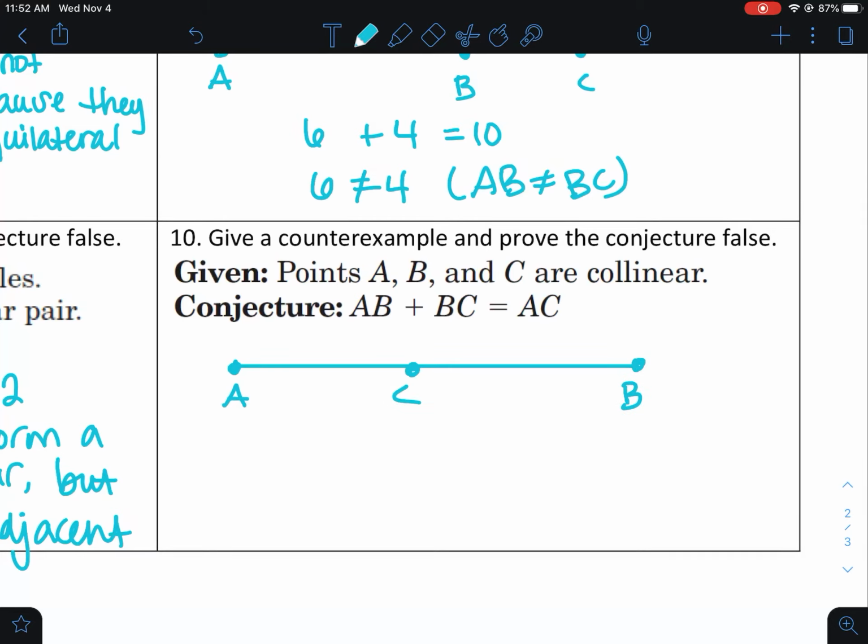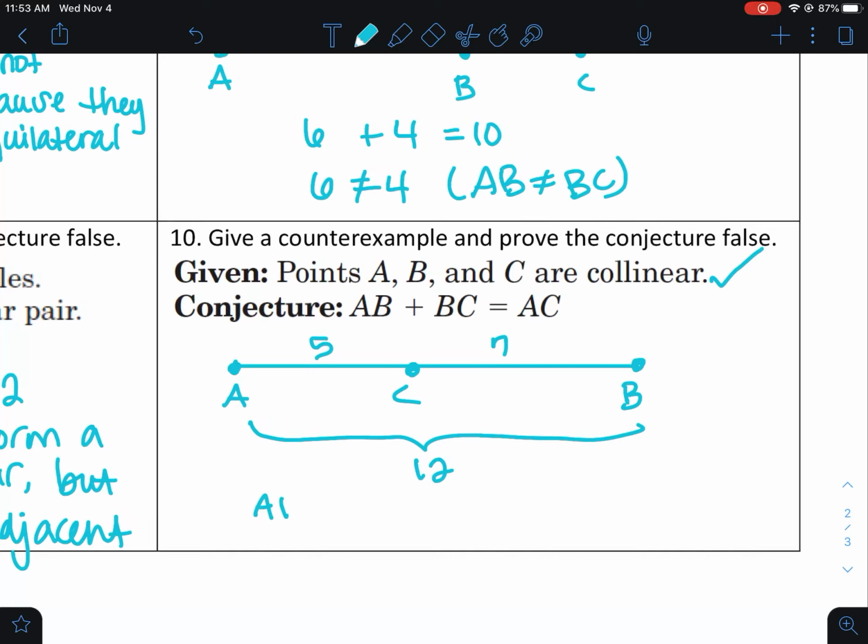Okay, so the given part is still true. A, B, and C, well, I did that out of order. A, B, and C are still collinear. So I didn't mess that up. But the conjecture now says, okay, AB, which is the whole thing, plus BC equals AC, okay? So let me just make up some numbers. Let's say that this is 5, this is 7, and that means the whole thing is going to be 12.